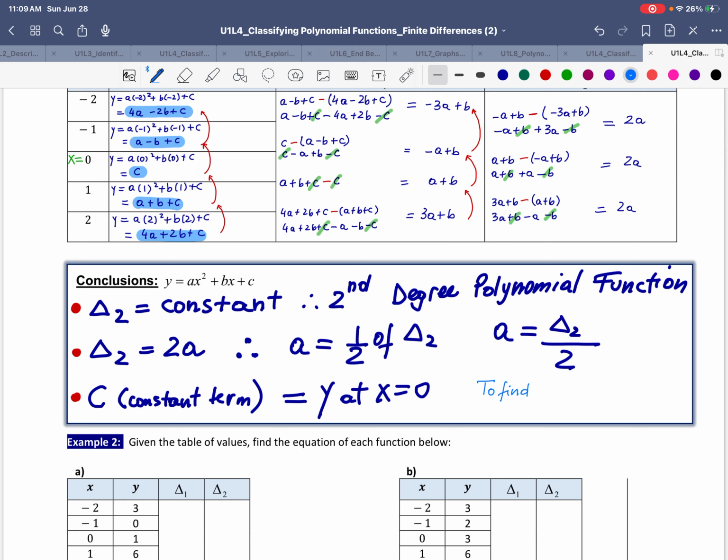To find coefficient b, we use any ordered pair from the table of values. We substitute it into the equation, and that will give us the value of b. So we're going to solve for b.